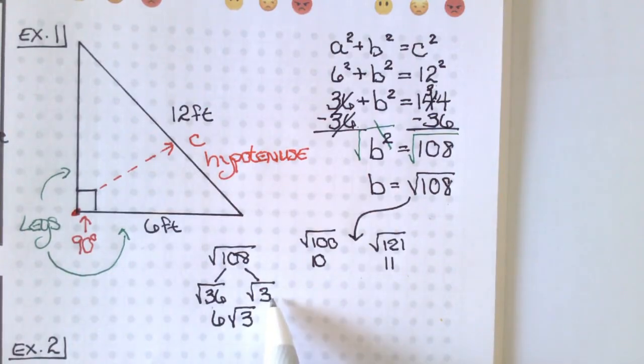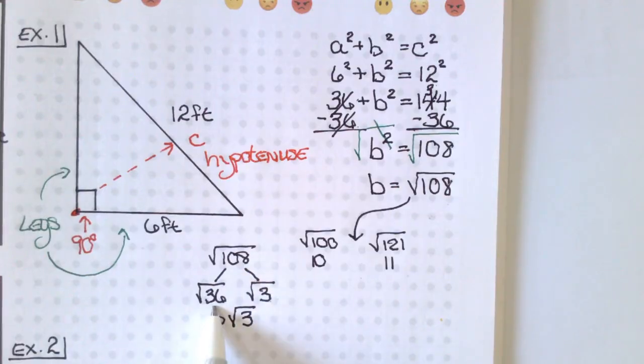But if they give it to you in radical form, you need to figure out what two numbers multiplied together will give us 108. One of them being a perfect square root and the other one being a prime number. Okay?